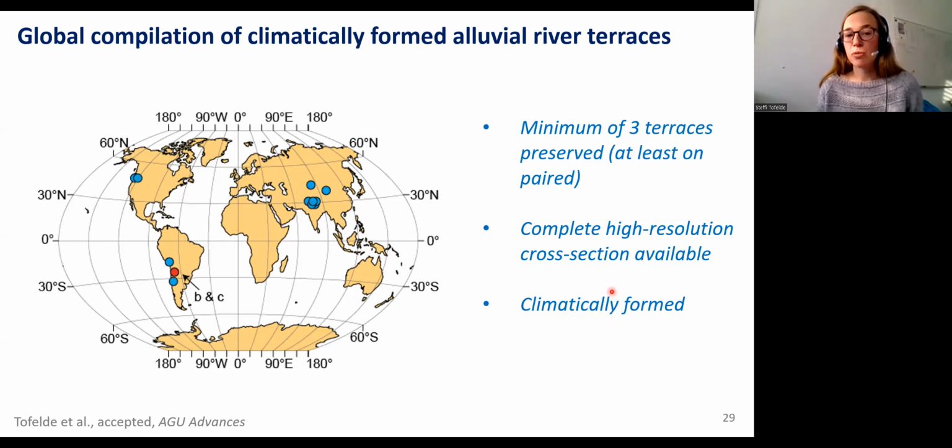We only picked ones where high resolution cross sections were available in the publication, so we did not extract the information from the 30-meter SRTM or so. We only picked cross sections that have been published based on field measurements, for example. And we only picked cross sections where a minimum of 3 terrace levels are preserved, because for each site we wanted several measurements of width and height through time. This ended up in 12 different data sets.